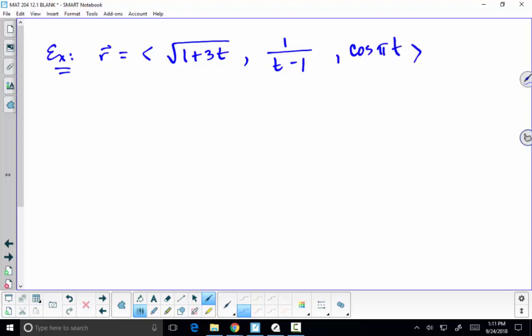We had that t naught was 0, I think. So this is just a curve in 3-dimensional space. You should just be visualizing some wiggling curve in 3 space. We know it's in 3 space because there's 3 components. We know it's a curve because there's only one parameter, t.